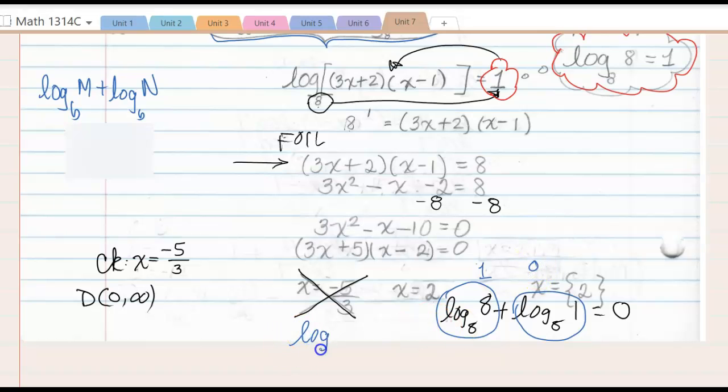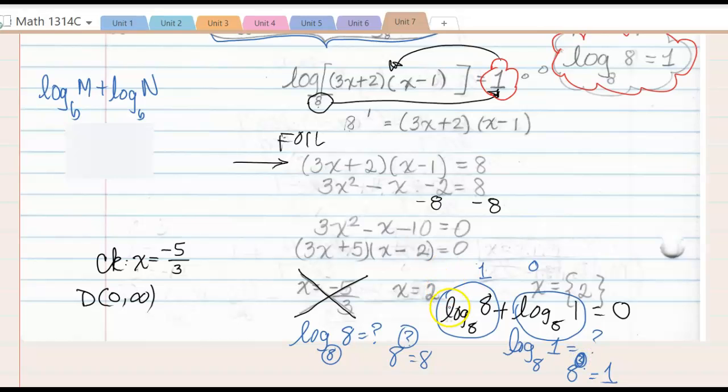Because if we have the log base 8 of 8 is equal to some unknown, then we would write down 8 to my exponent is equal to 8. The only way that works is that that exponent is equal to 1. For the other one, I would have log base 8 of 1 is equal to something. That means 8 to that exponent must equal 1, and the only way that happens is if our exponent is equal to 0.